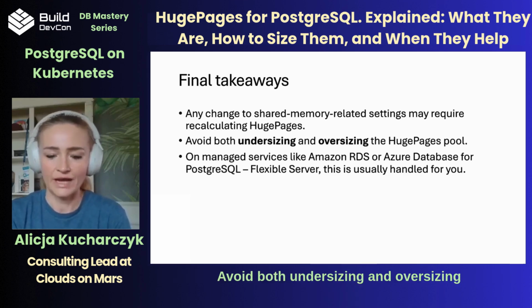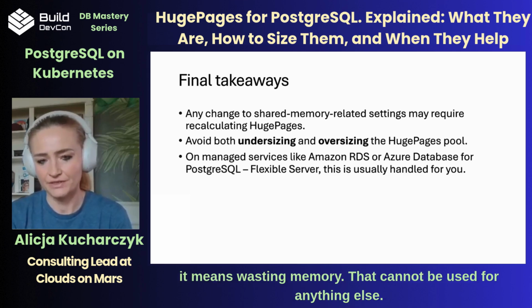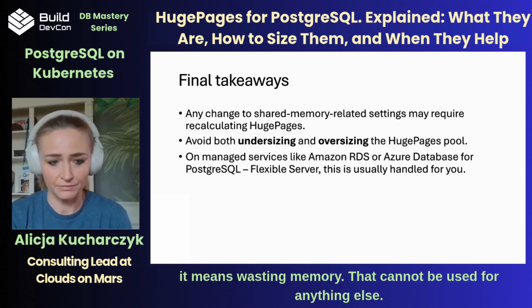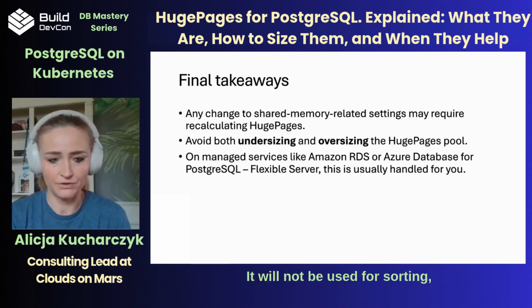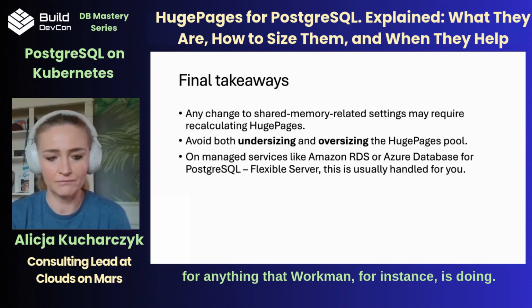Avoid both undersizing and oversizing the HugePages pool, because in both cases it means wasting memory that cannot be used for anything else. It will not be used for sorting, or for anything that work_mem, for instance, is doing.